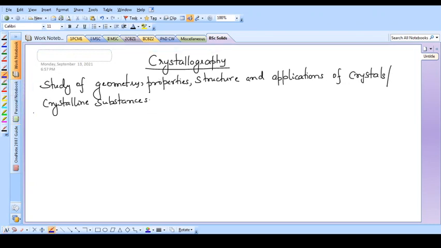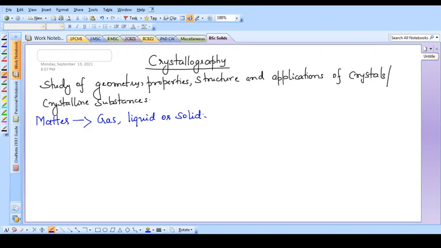Let me write. Any matter can be classified as belonging to either gas or liquid or solid. The basic question arises: why do some substances exist as gases, some as liquids, and certain substances as solids? And there are some examples where a material can exist in different states of matter.